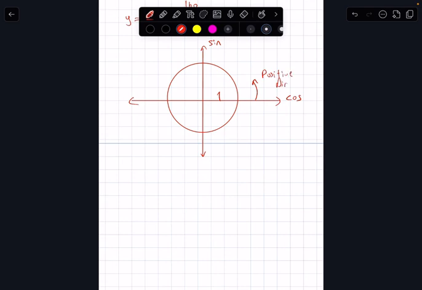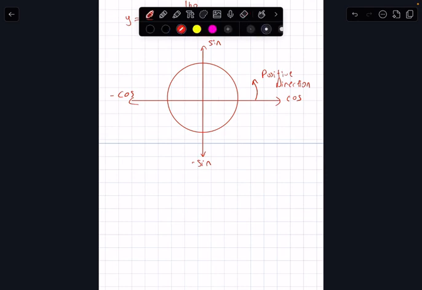So whenever I say, draw me, let's say, 60 degrees, you just come from 0 to here, right? 60 degrees is going to be approximately like this. If this side is cosine, then this side is negative cosine, and this side is negative sine, okay? So let's keep that in mind.